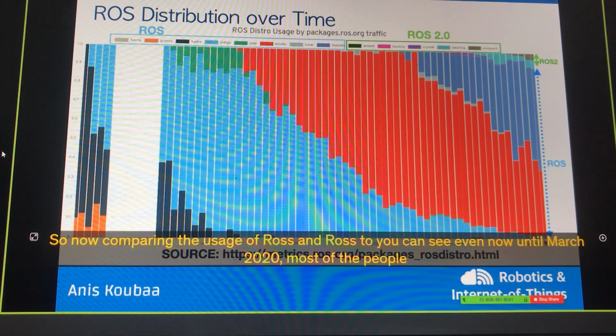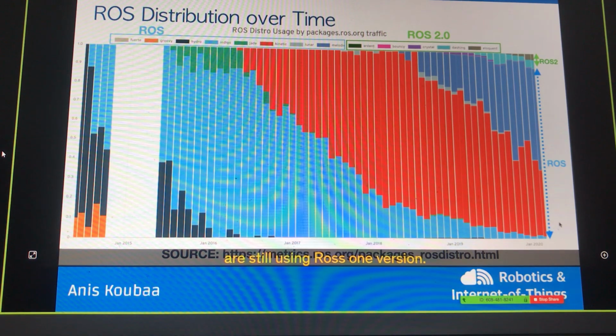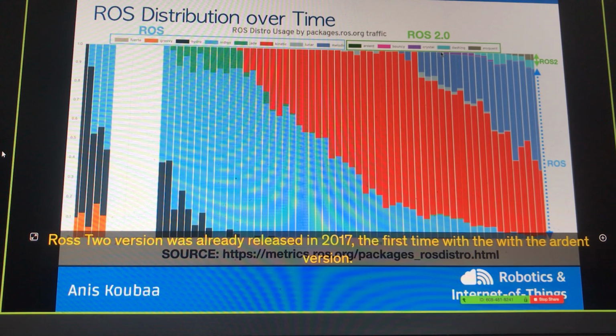Now comparing the usage of ROS and ROS 2, you can see even now, until March 2020, most of the people are still using ROS 1, despite that ROS 2 was already released in 2017 the first time with the Ardent version.